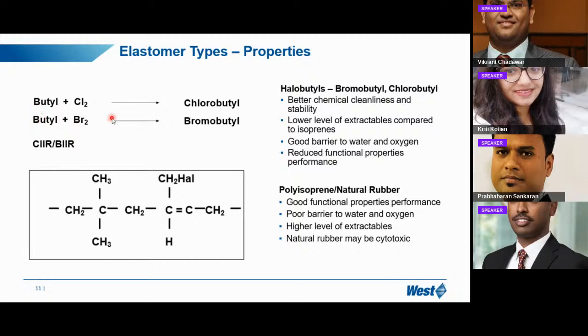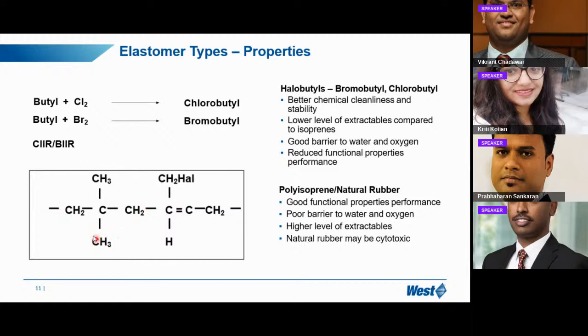The chlorine version we call chlorobutyl rubber, chlorinated isobutylene isoprene rubber, or if it is bromine, then brominated isobutylene isoprene rubber. So CIIR stands for chlorinated isobutylene isoprene rubber, while BIIR stands for brominated isobutylene isoprene rubber.